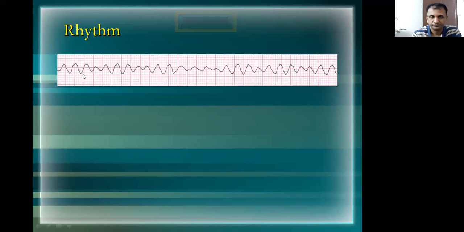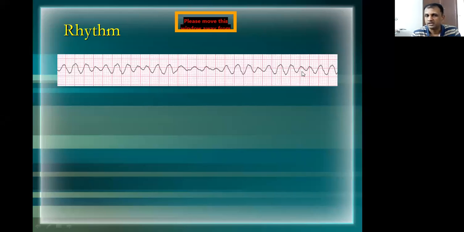It's very broad. If you compare with the previous rhythm strip, you can see here it's irregular. Even the QRS complexes vary, some are short, some are tall, and some are wider.